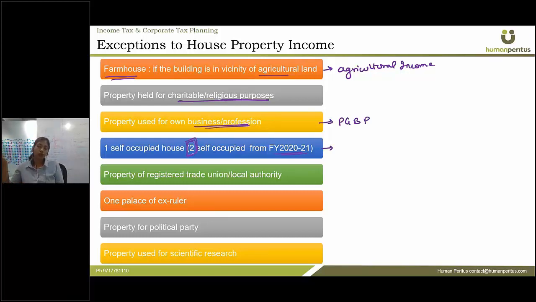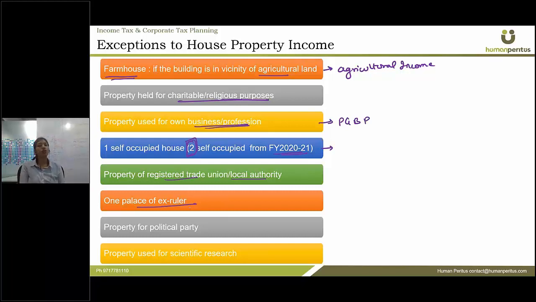So even if the person has two house properties, both self-occupied, then also he does not have to calculate any house property income. Okay. Property of a registered trade union or local authority is also exempt. One palace of an ex-ruler: if an ex-ruler has only one palace, then it is not calculated.